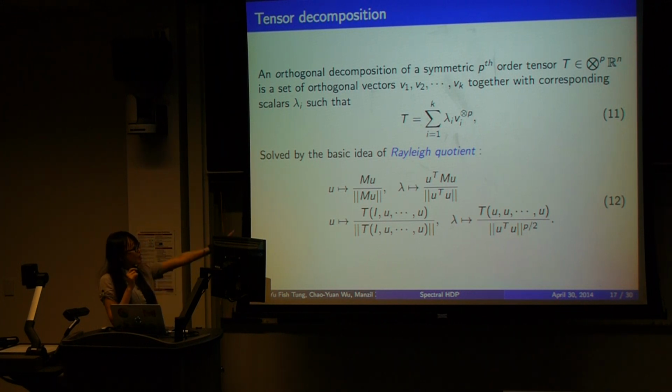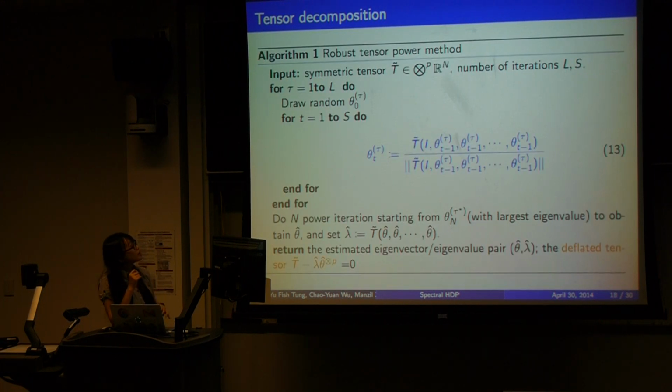So we will update it by this equation, and then iteratively it will converge to our desired eigenvalue and eigenvector. So the whole algorithm is something like this. We will randomly generate some eigenvectors and then update them by that. And finally, through several iterations, it will converge to our desired eigenvalue and eigenvector.